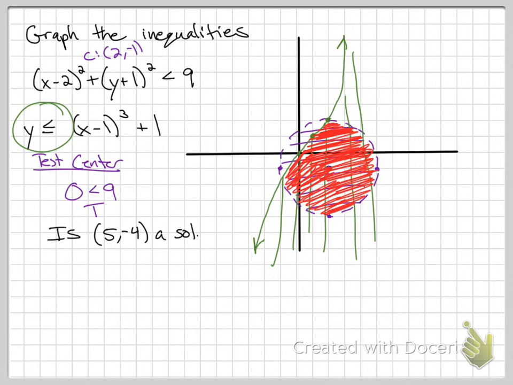You would go over to 5, and then down 4, and you would end up not in the red. So a solution to the system is how I should have worded it. Since that point is not in the red, you would say no. It is a solution just to the green one, just to the cubic, but it is not a solution to the system. Solutions to the system are all those red points that I shaded in.